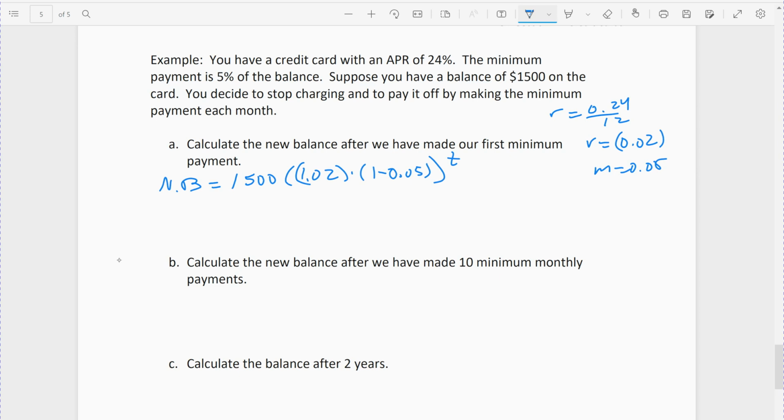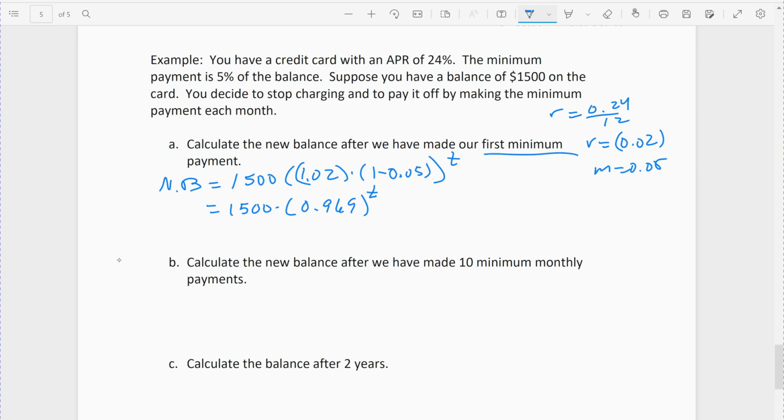The 1.02 is times the 1 minus 0.05. And so you do that multiplication, leave the answer exact. It goes out 3 decimal places, leave it exact. So it's 1,500 times 0.969 raised to the T.